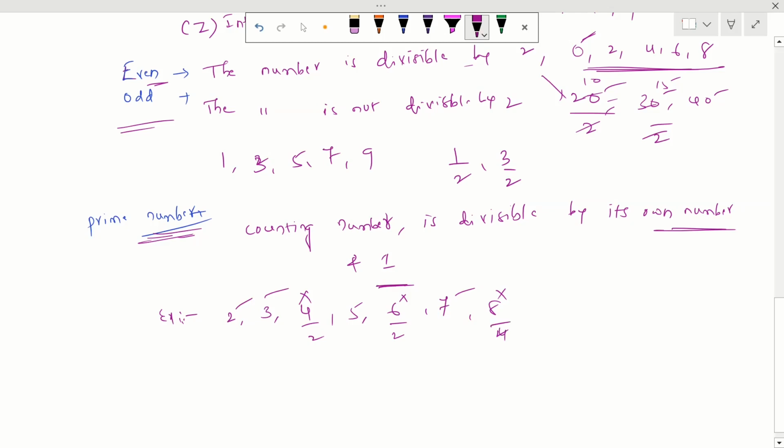And 9 is also not a prime number, it is divisible by 3.